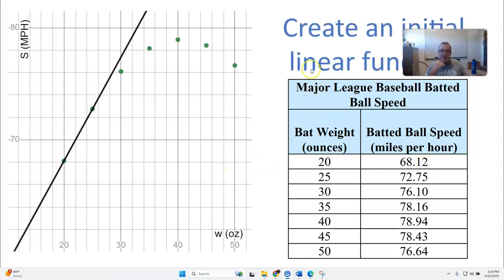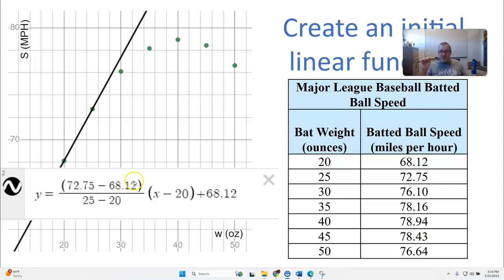So here's what it would look like. I say create that initial linear function. That's what you're seeing here. Now, there's all the computations. I subtracted to see how much faster the ball left the bat when the bat weight increased by 5 ounces. So I subtracted to get that 4 point whatever it was.